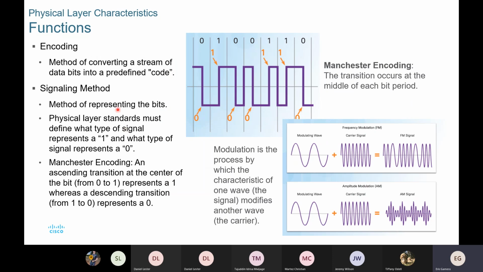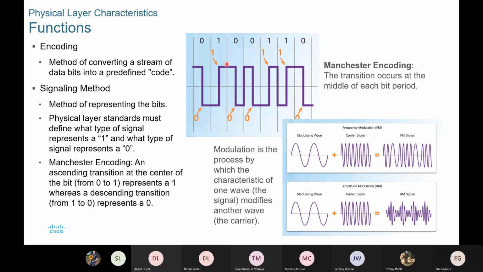So let's come back to encoding. There is a way to encode that is called Manchester encoding. In Manchester encoding, in the middle of the bit that you want to transmit, you need a change of state. You need, for example, a falling transition, or you need a rising transition.